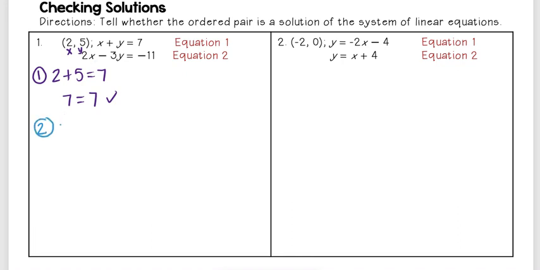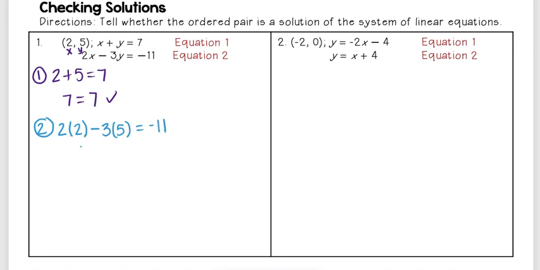Here I have 2x, so instead of that x, I'm going to write 2, and I'm going to put parentheses around that because I need to make sure I am multiplying. Minus 3 times y, well y is equal to 5, and again putting parentheses because I need to multiply those numbers together.